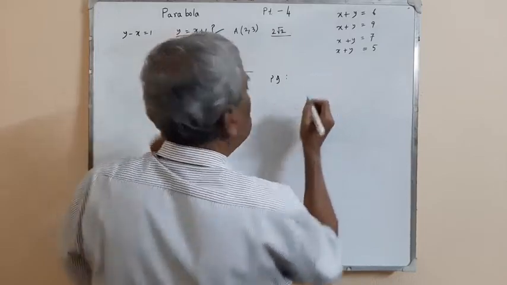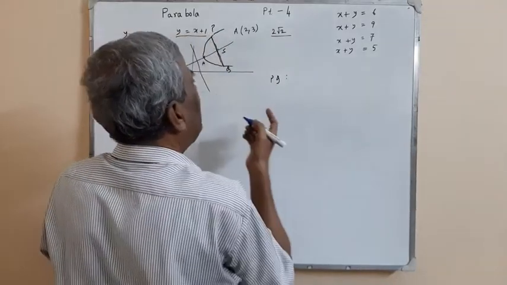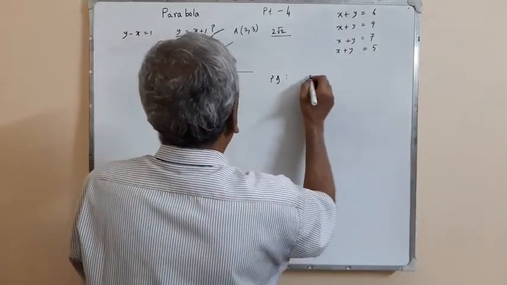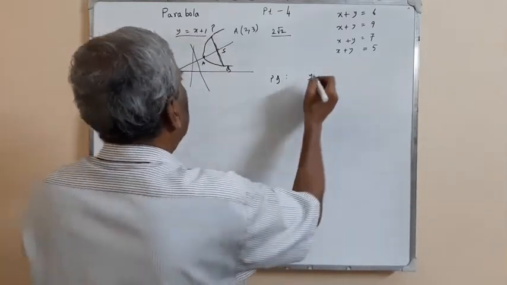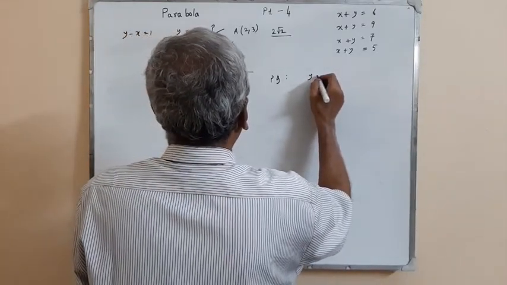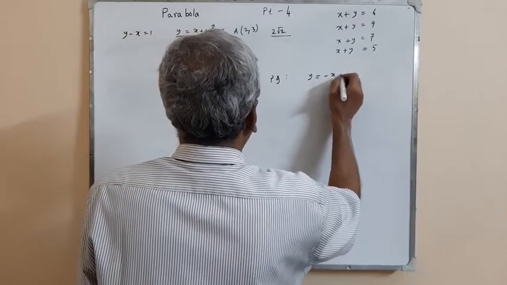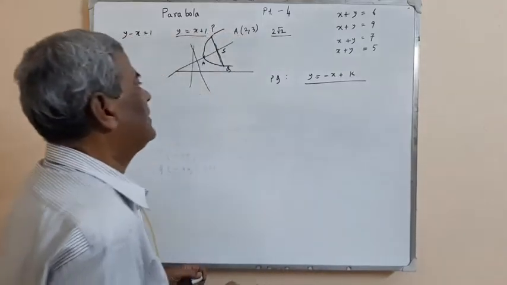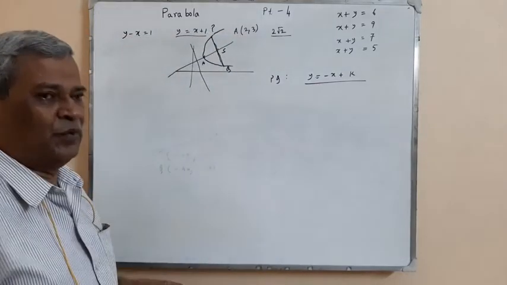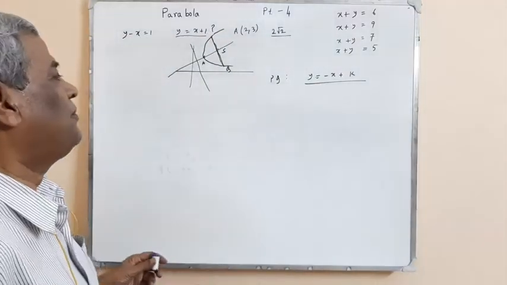The gradient of the axis is 1, so its gradient will be -1. So y is equal to minus x plus k. K is unknown. We have to find it out.